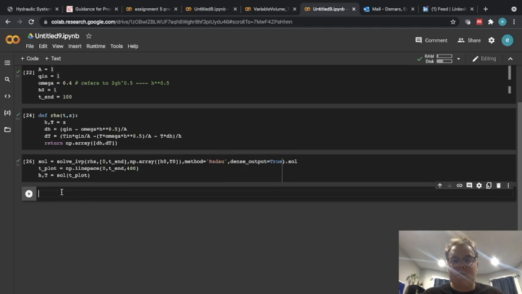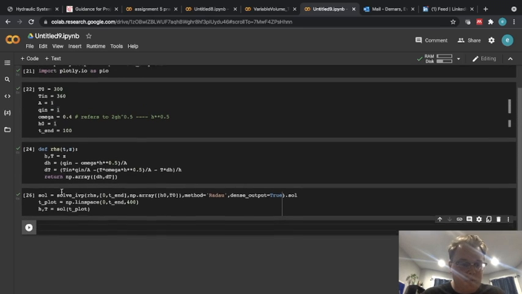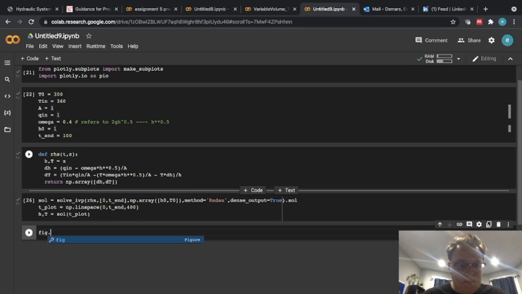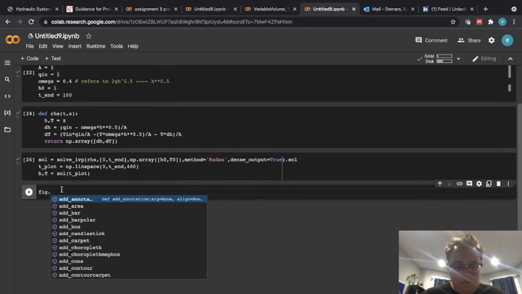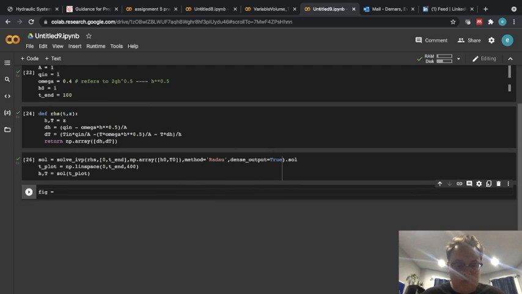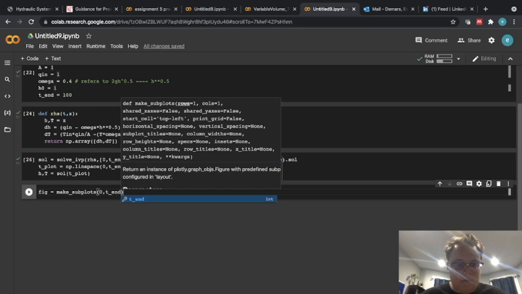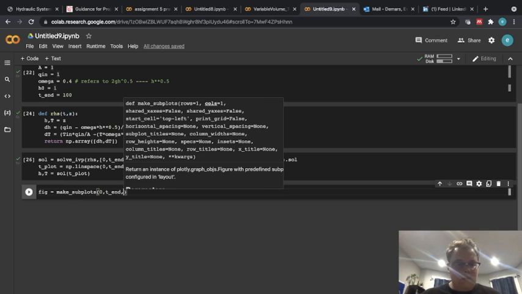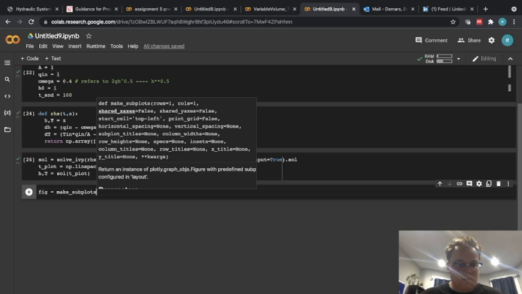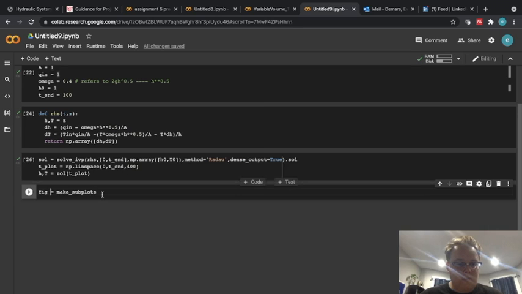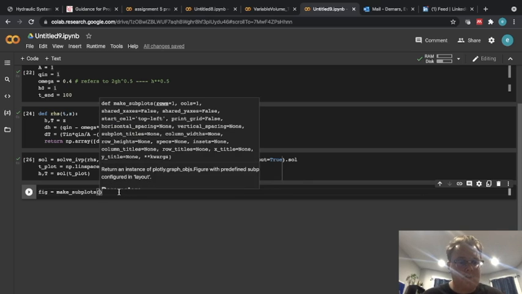And my last step is to set up my figures so I can see them plotted out as a scatter plot. So I'm going to do fig is equal to, I'm going to make subplots.